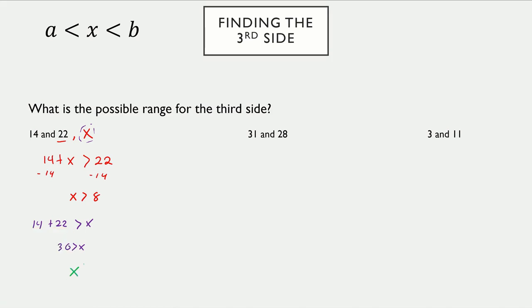So I can write this pretty, and I can say the range for the possible measurements for that third side is that x has to be greater than 8, but it cannot be greater than 36. So in other words, my range here would be x has to be between 8 and 36 in order for me to be able to create a triangle.